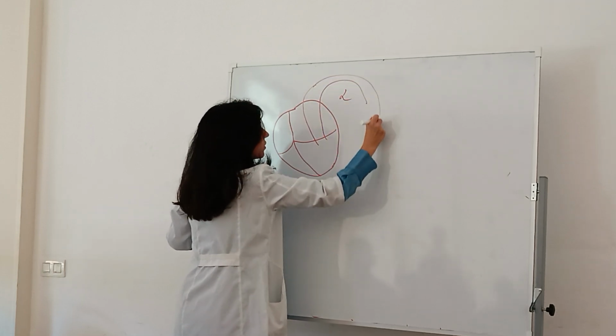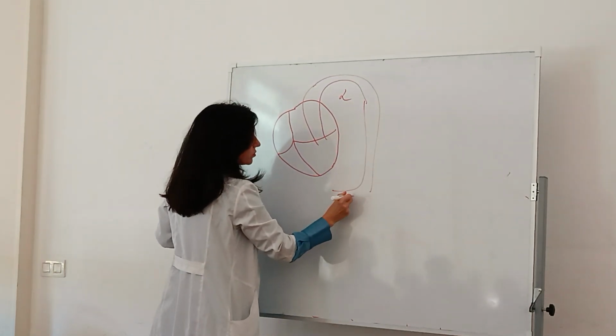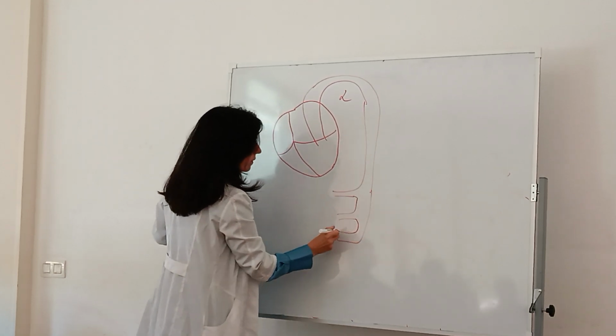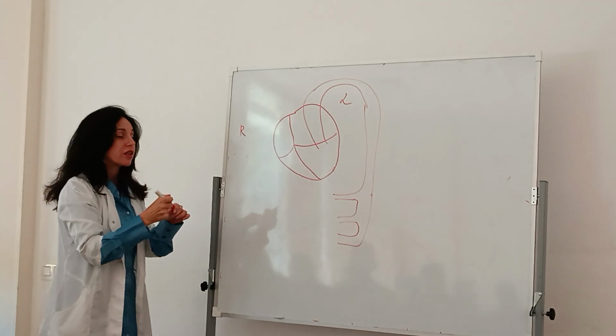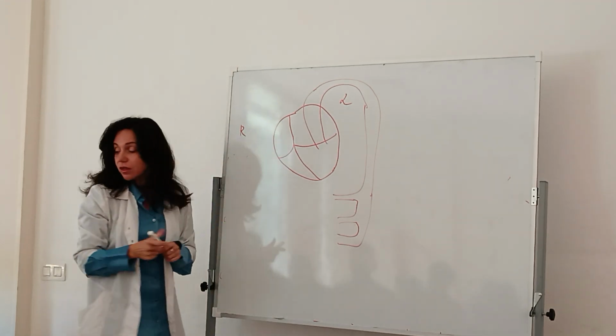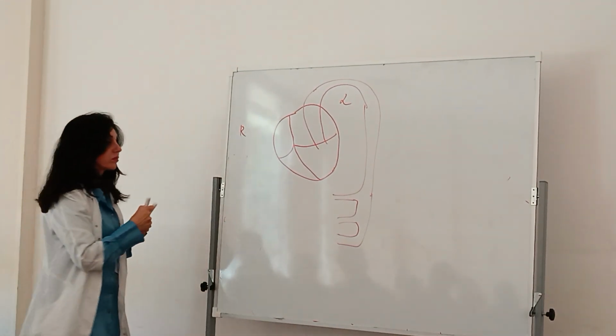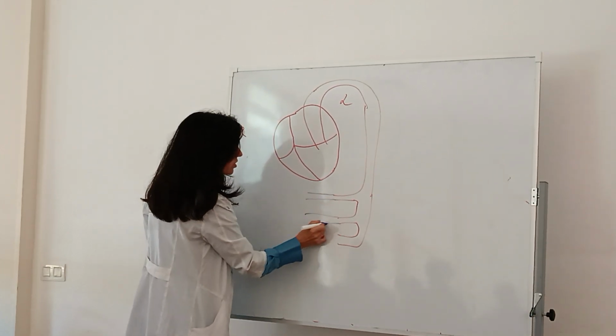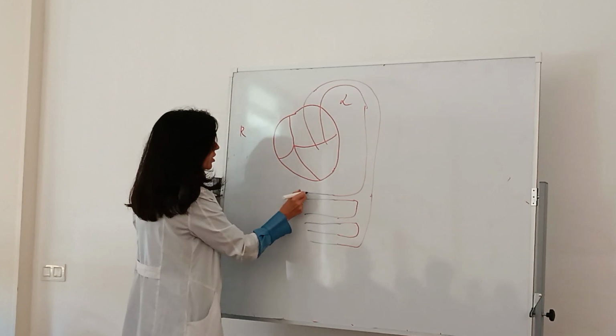Aorta, then organs, a simple scheme: organs, arterial part, then capillaries, venous blood. Now this is just a simple scheme to explain hemodynamics.